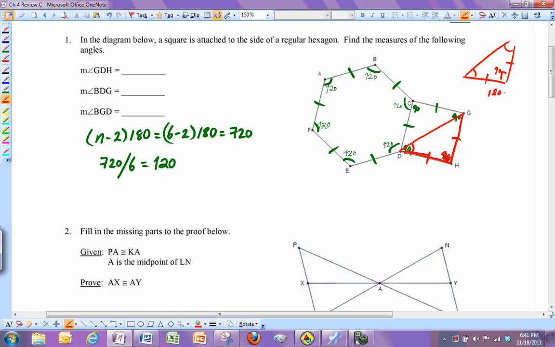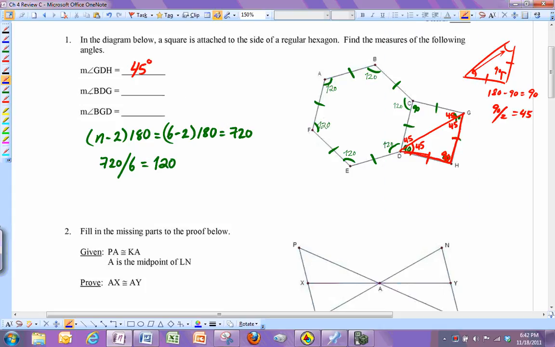So I can do 180 minus 90, which is 90, and that's what's left over for these two angles. If I divide 90 by 2, I'll get one of them, which is 45. So I get a 45 degree angle here and a 45 degree angle there. By the way, this also means that the leftover on this side is going to be 45, and this one will also be 45. Okay, so GDH, G to D to H, has to be 45 degrees.